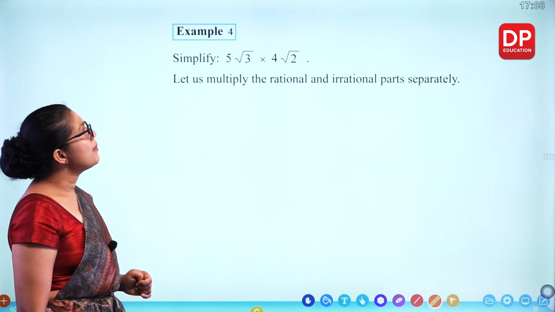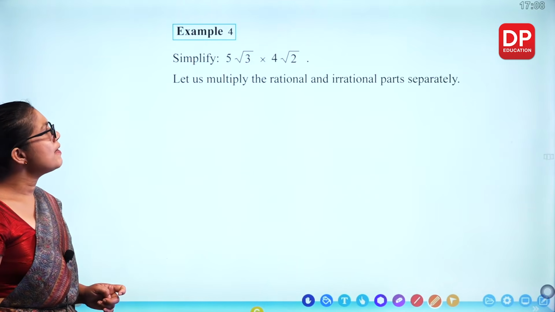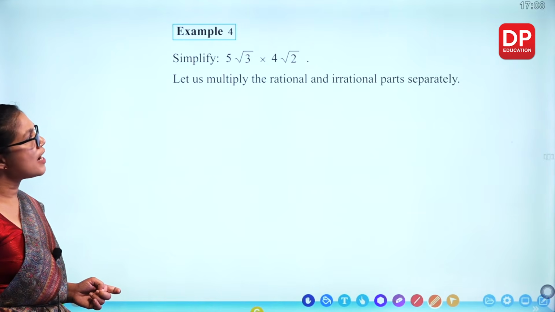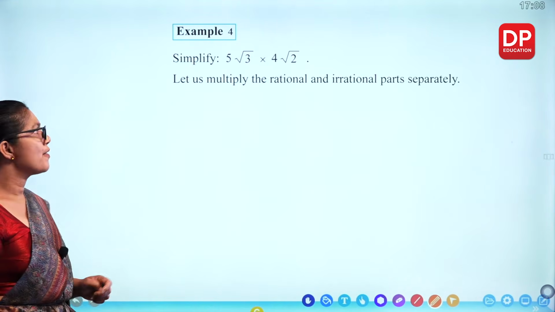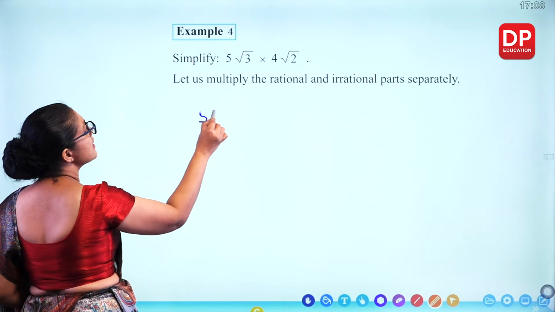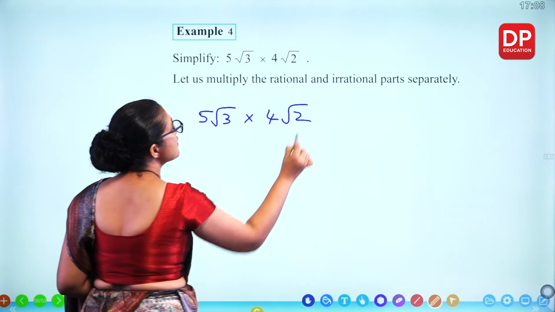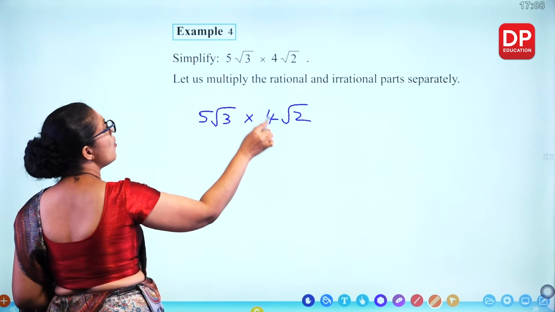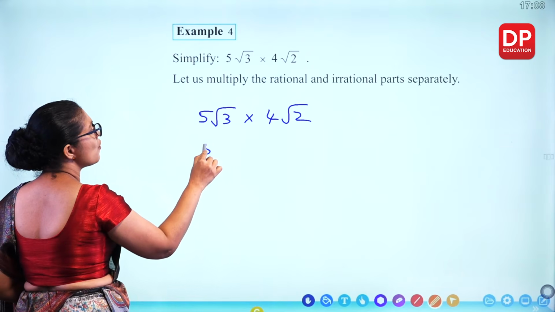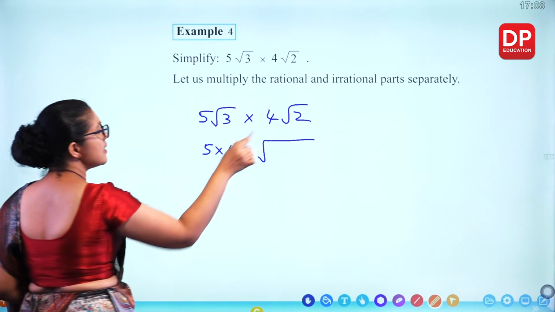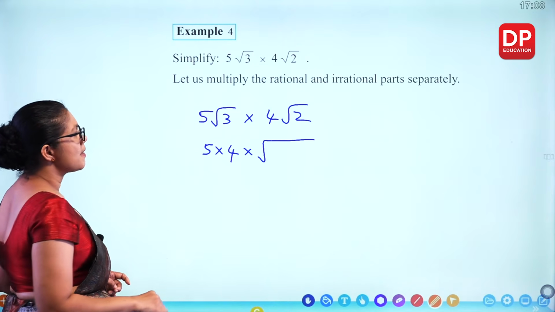Now look at example number 4. It says simplify 5 root 3 and 4 root 2. Let us multiply the rational and irrational parts separately. So we'll take this one. What's the rational part? The whole number. So 5 times 4 you can multiply separately and the surd values separately.